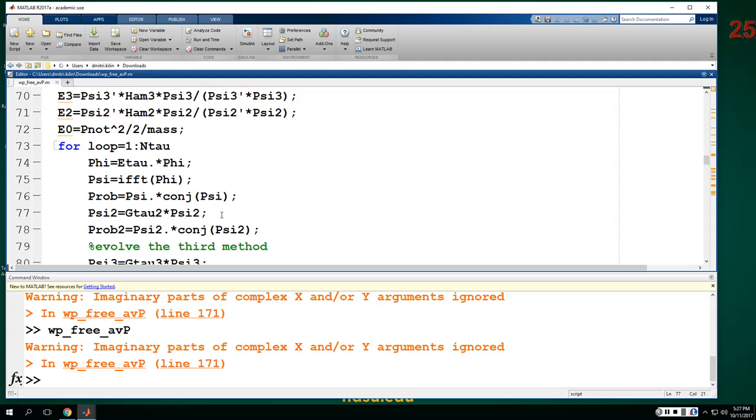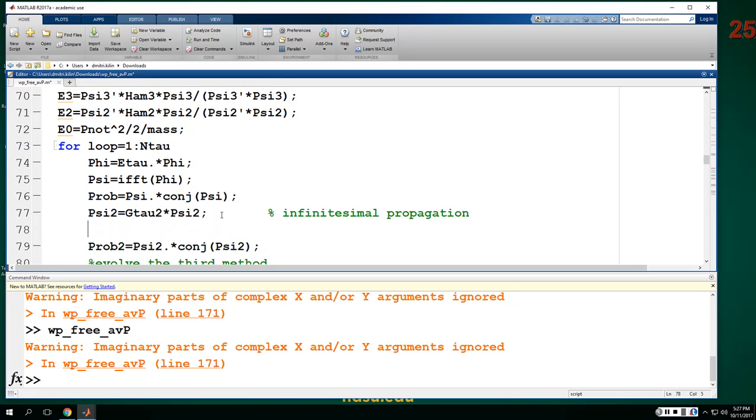And I can mark it for myself: infinitesimal propagation by time evolution operator.